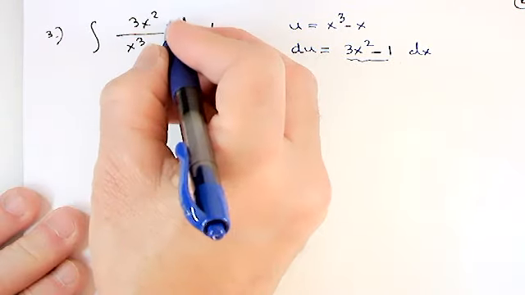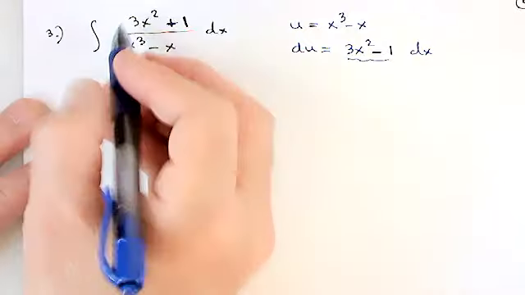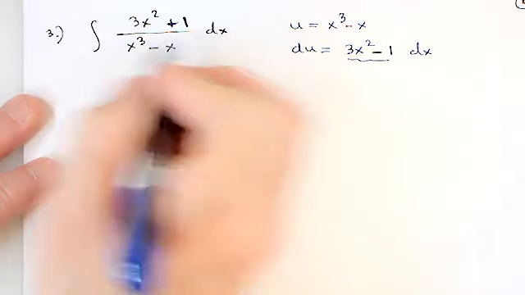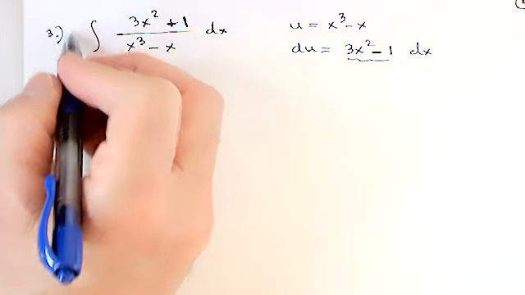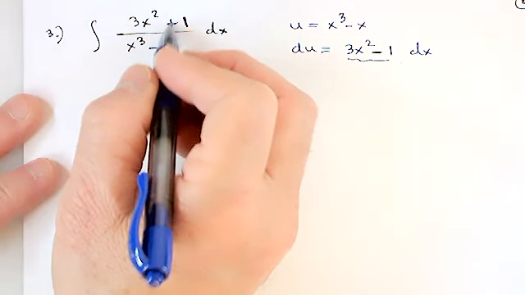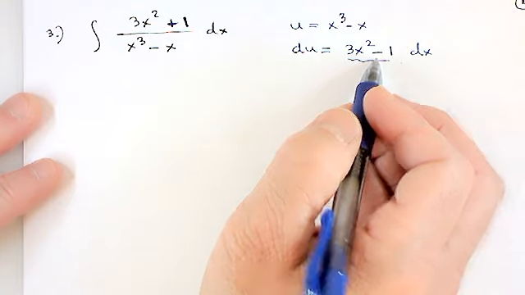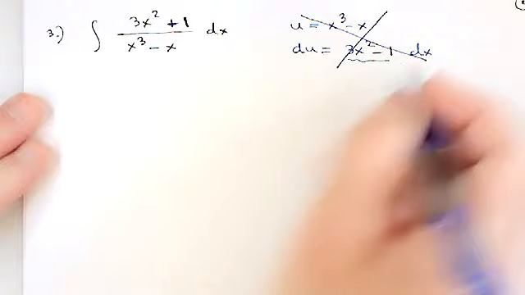The trouble is in our numerator, we have 3x squared plus 1. And the way the wishing technique works, remember, is that I can only wish for a constant that I multiply this whole numerator by and compensate with the reciprocal outside. I can't just switch that positive one to a negative one. I can't wish for that. That's not allowed. So as close as that looks, this is not going to work.